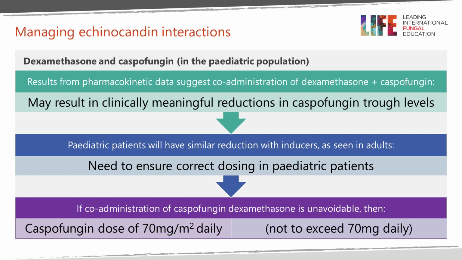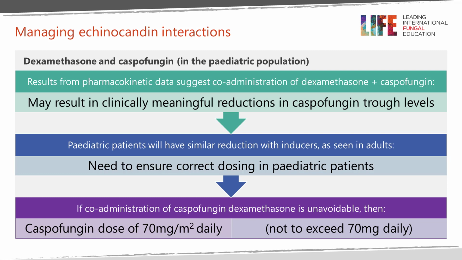Now, it is really important that we ensure we are dosing correctly. And in children, there's been a similar reduction as we see with inducers in adults when dexamethasone and caspofungin are used together.